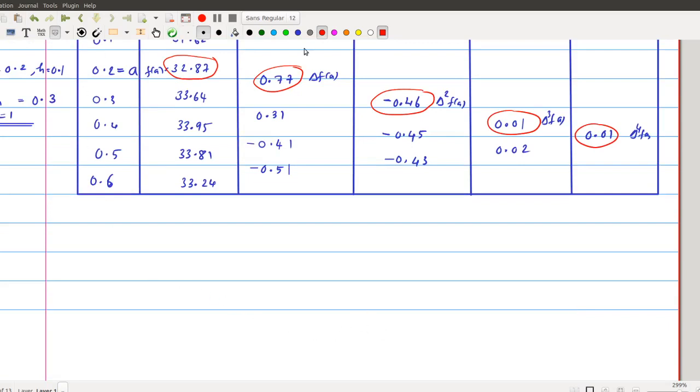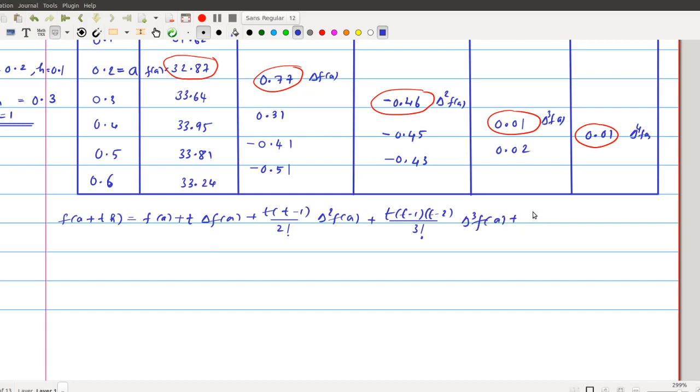Now we write the formula. We have f of a plus th equal to f of a plus t times del f of a plus t into t minus 1 by 2 factorial del square f of a plus t times t minus 1 times t minus 2 divided by factorial 3 del cube f of a.